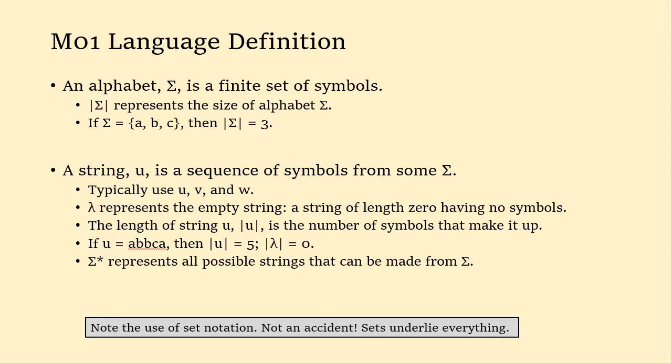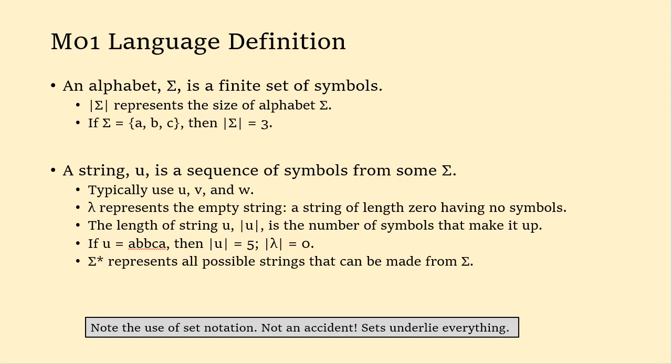That's a crazy case, that's a pathological case, but it's important sometimes to make sure all of your systems cover pathological cases. So we know what a symbol is. It's a meaningless mark. We know what an alphabet is, a finite set of symbols. And now a string is a sequence of symbols from some alphabet, from some sigma.